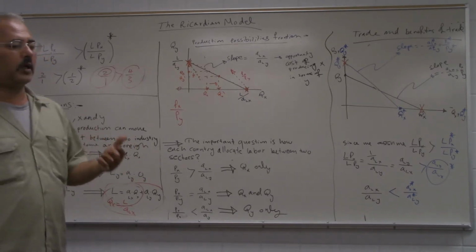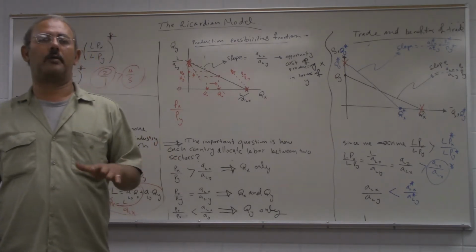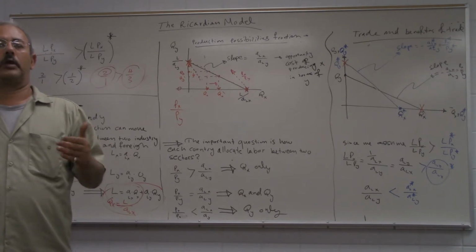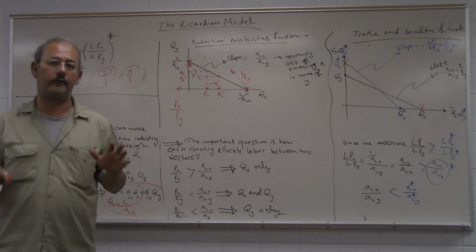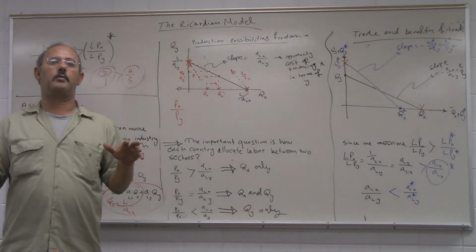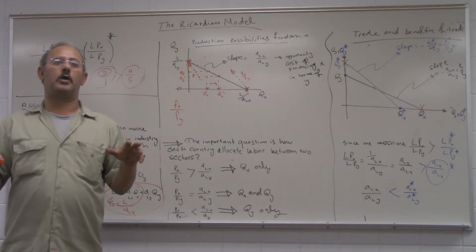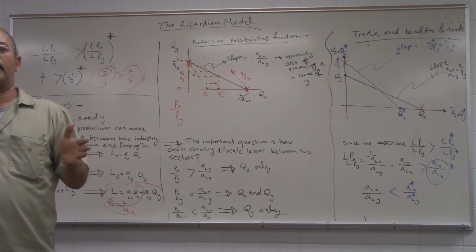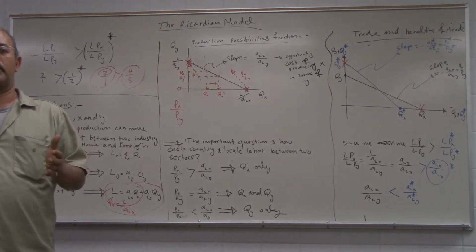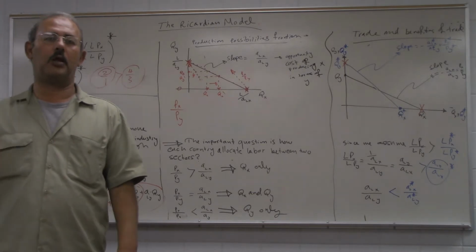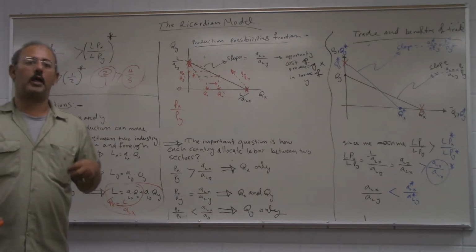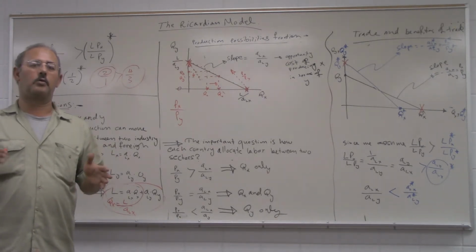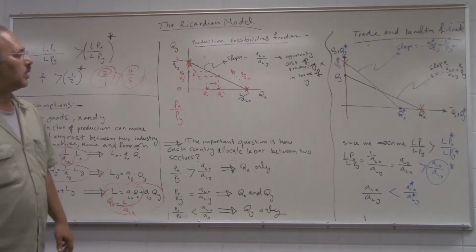Now we try to explain how trade happens between countries, and if there are differences, we say that in the beginning, if there are differences in labor productivity, of a ratio of labor productivity of good X to Y, this ratio is different between the countries, or some country has comparative advantage in producing some good comparing to the other country.